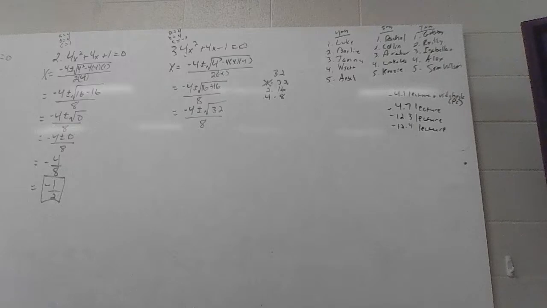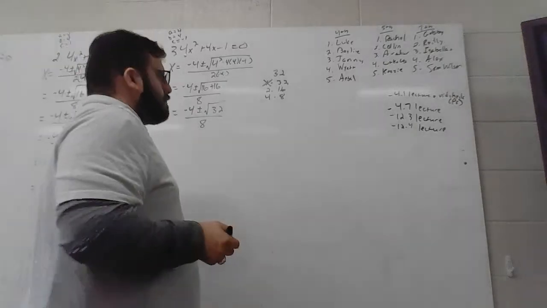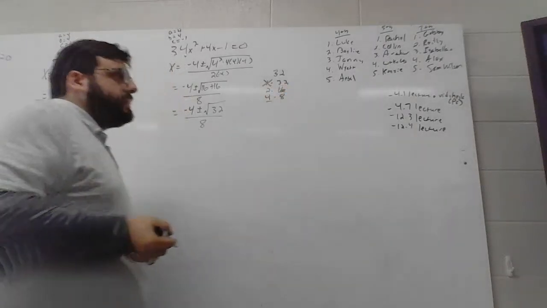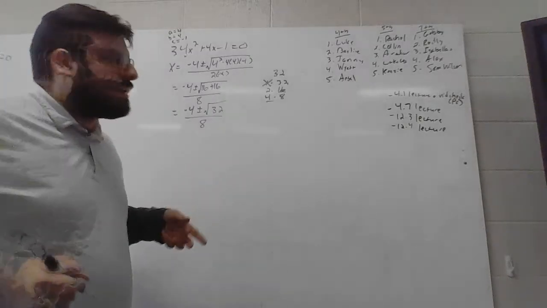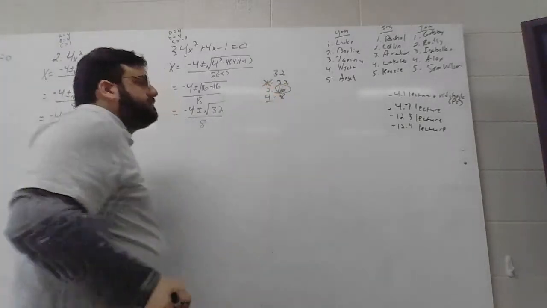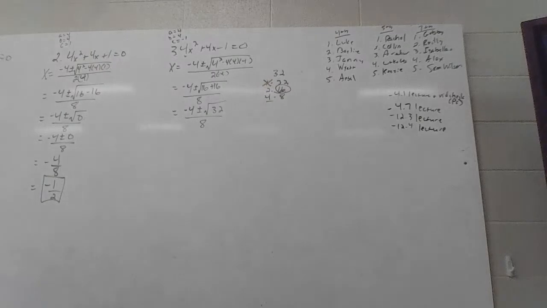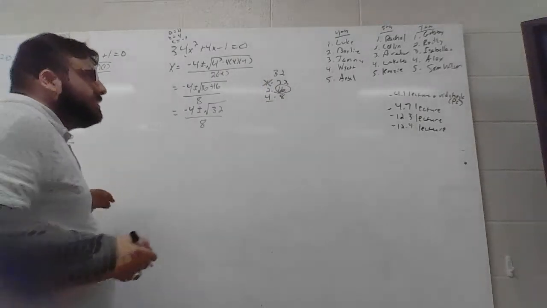There are 2 factors of 32 that are perfect squares, 4 and 16. Anytime you're using this method and the number inside has more than 1 factor that's a perfect square, you always want to go for the larger one, because that way you're guaranteed that your square root will be fully simplified in just 1 step.